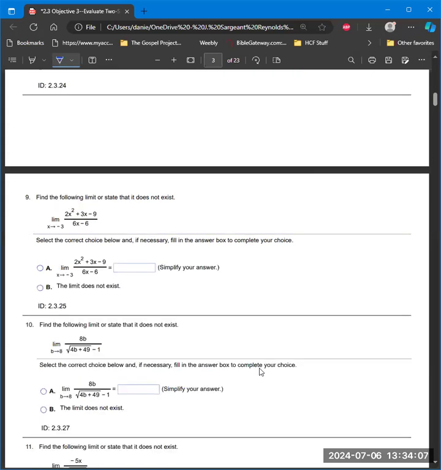Okay, let's do some factoring here. Limit as x approaches negative 3 of 6 times x minus 1, 2x, x, let's see if there's an x minus 1 here, plus 9, 9 minus 2 is 7.